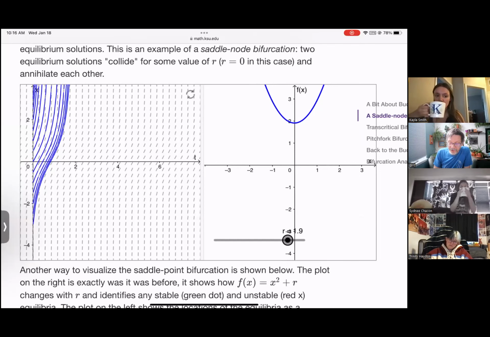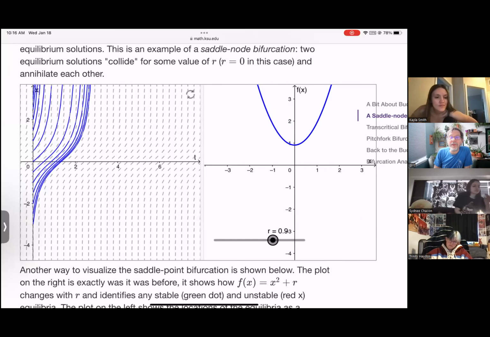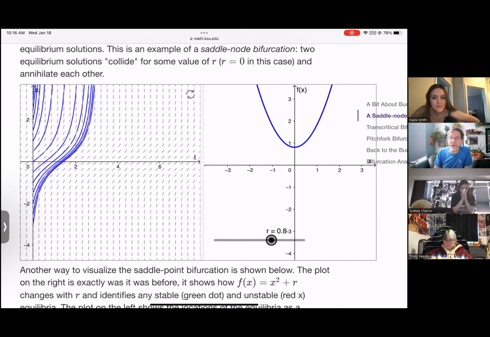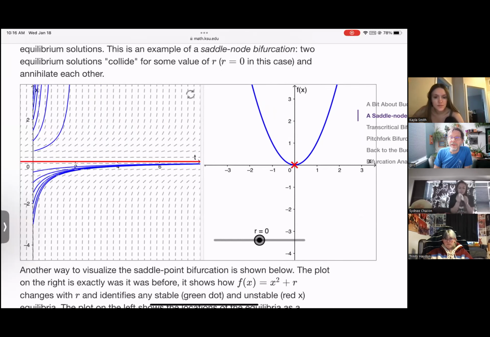I think I need to learn how to make these because I'm jealous of the person who has this knowledge. Here we can see that parabola, and what's nice is you can see the flow. So watch, the minute I hit 0, that equilibrium appears in the slope field. And so you see the stability from the left side and the instability on the right side.